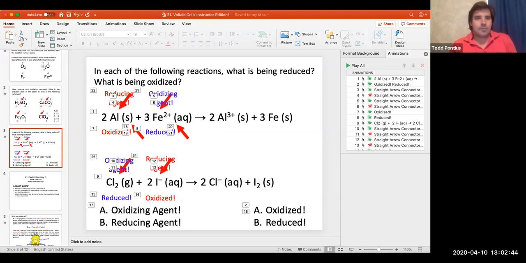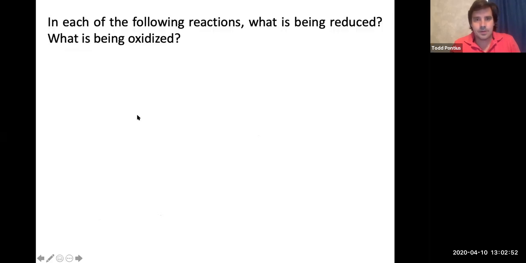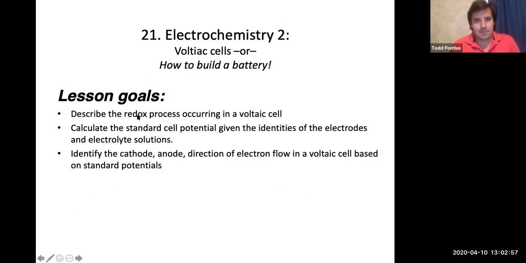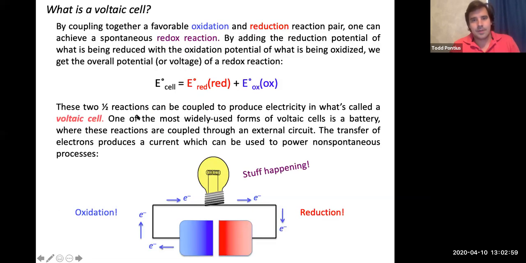Okay, so now what we're going to do is pair this all together and build ourselves a battery. The way that batteries work is we pair together something that really wants to be reduced with something that really wants to be oxidized.